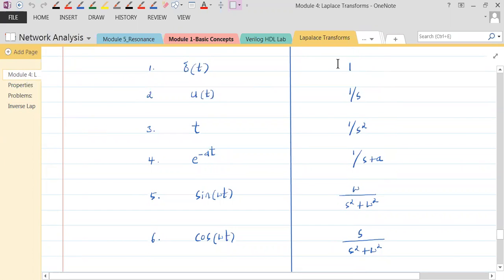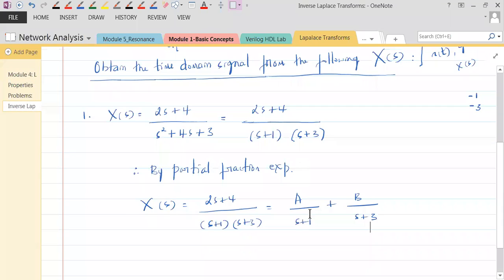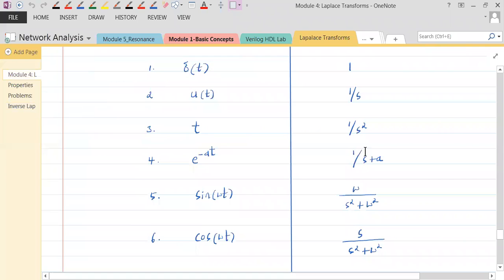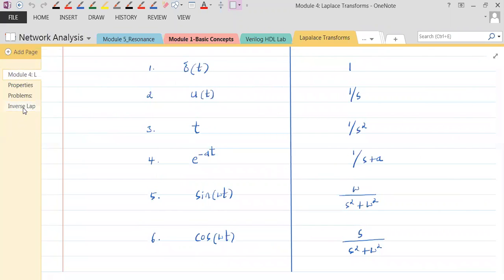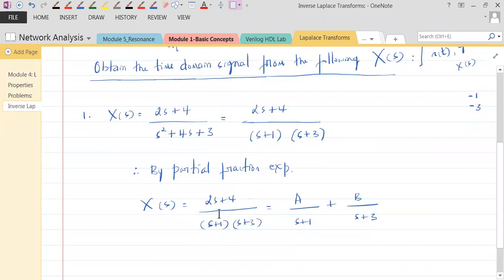To bring the given x of s into this form, we use the partial fraction expansion. We have 1 by s plus a, and I know its inverse is e power minus at. So I need to bring it to the standard form so that I can apply the inverse Laplace transform to get the time domain signal.